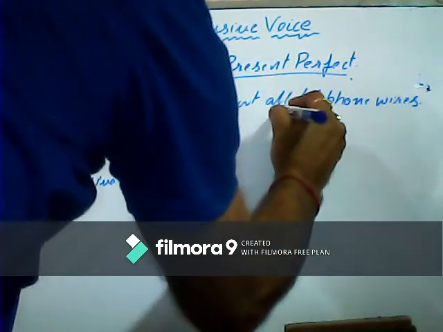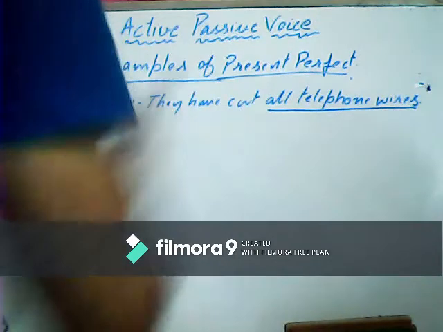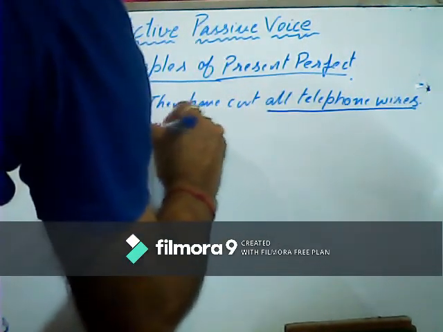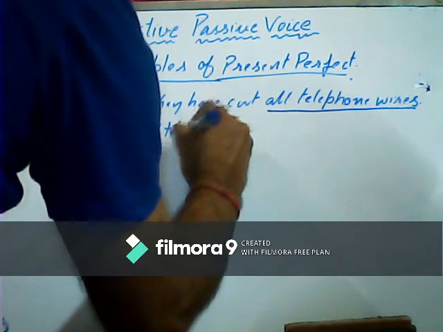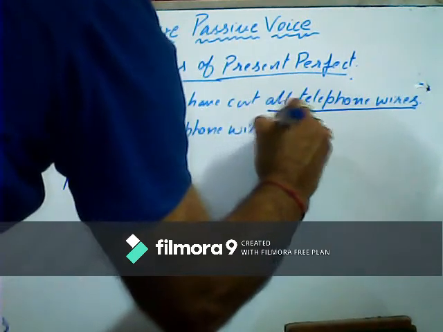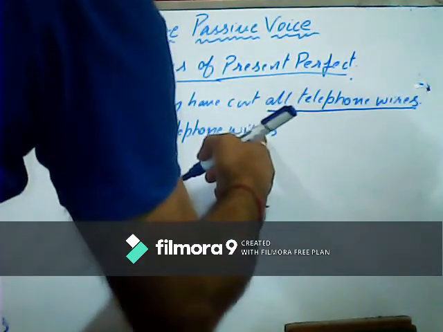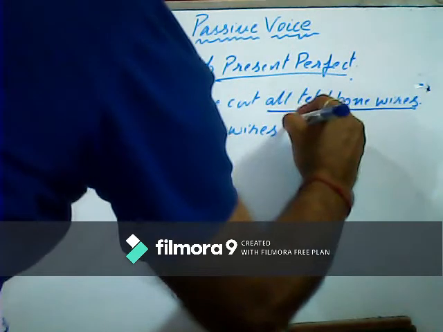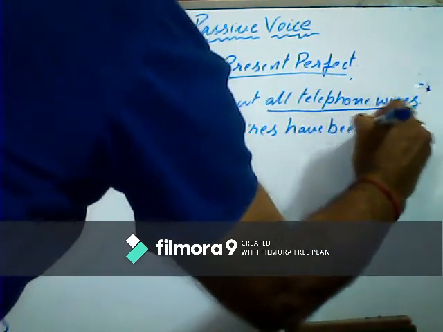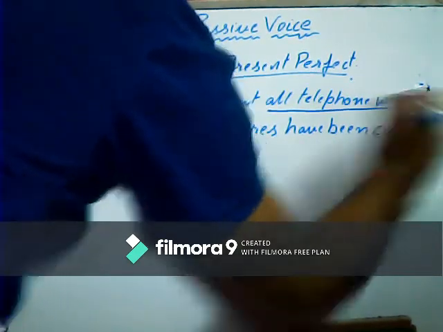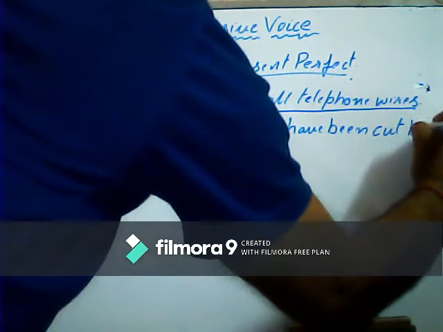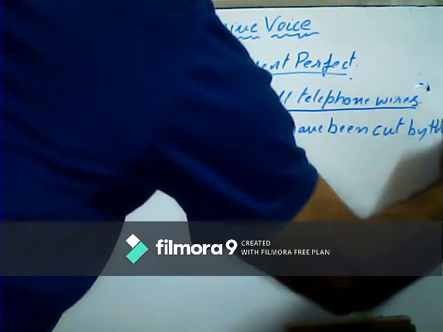Now all telephone wires is the object here. Because all telephone wires is the plural form, we'll use have been, third form of the verb cut will be cut, same, by them. They will change into them.